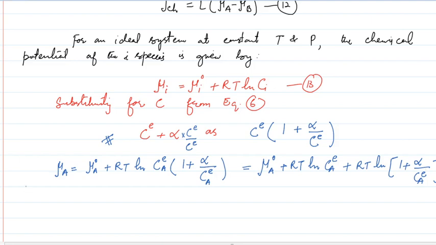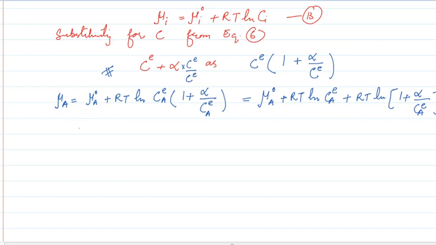Similarly, we will take the chemical potential of B. So we will write the chemical potential of B is basically equal to mu B naught plus RT ln of, so in place of CA we will replace it with the CB equilibrium. Rest will be the same situation, so we will separate this into log m into n.